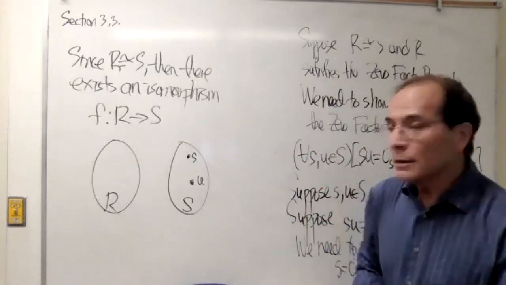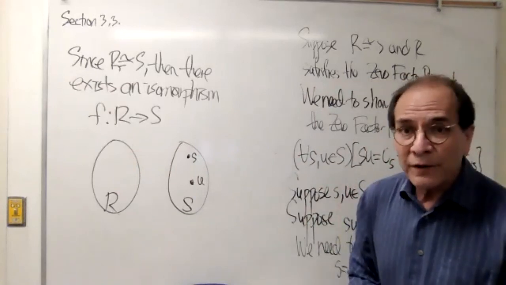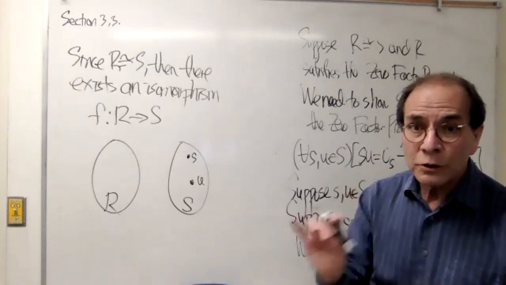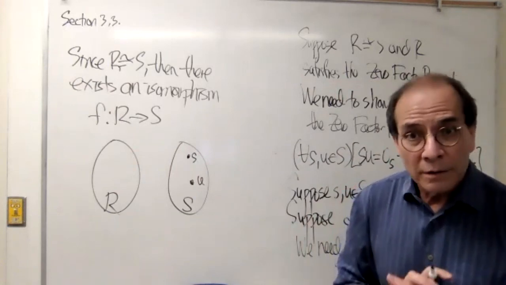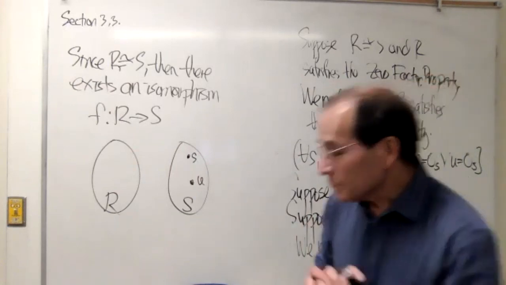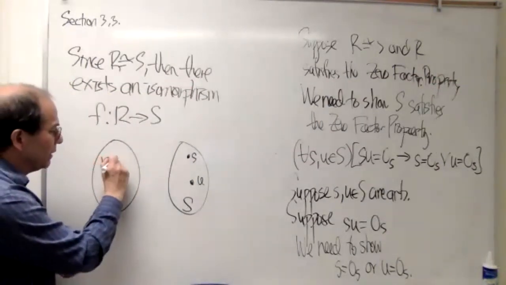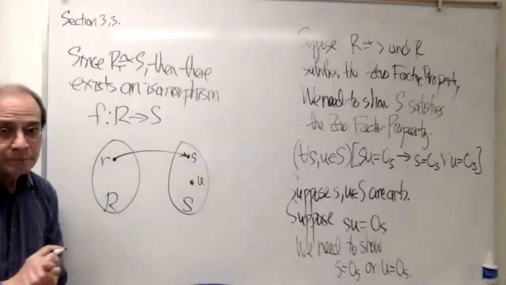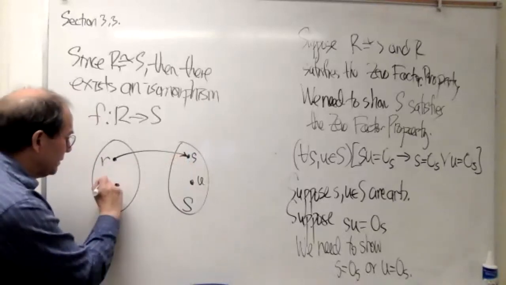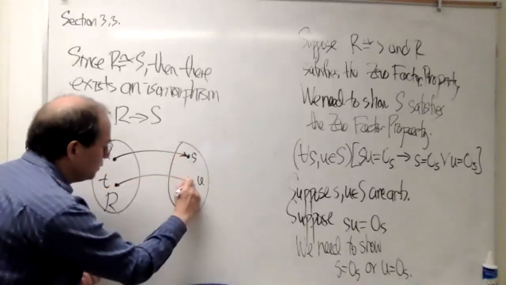But in particular, what we really need is the fact that it's surjective. The fact that f is surjective tells us there's going to be some element r that maps into s here, and there's also an element t which maps into u here.